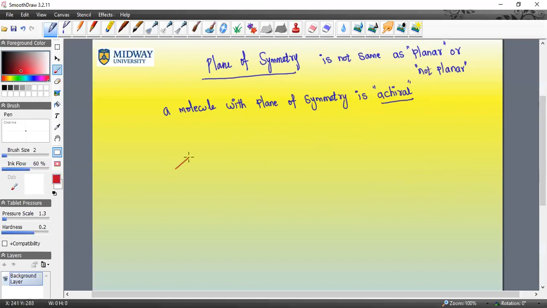So let's look at this molecule. It doesn't have to be a cycle. It could just be a molecule that has a perfect plane of symmetry. I'm just going to draw this carbon. Now, if you look at it, none of these carbons are chiral.